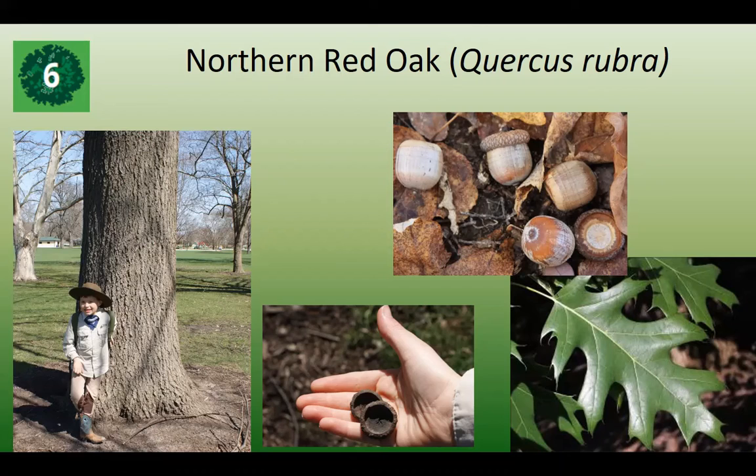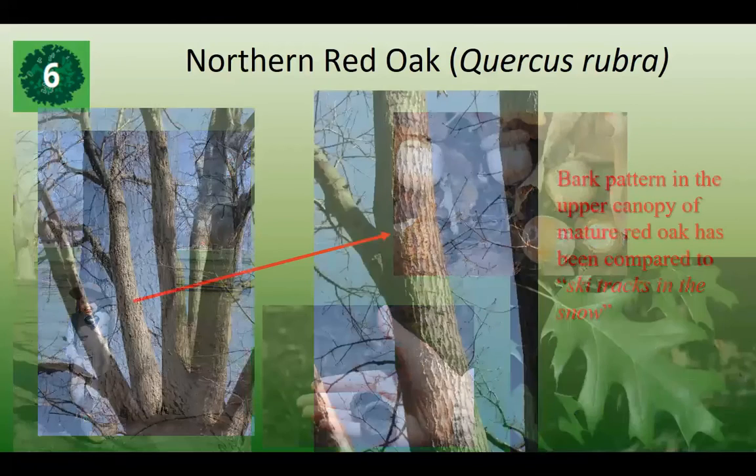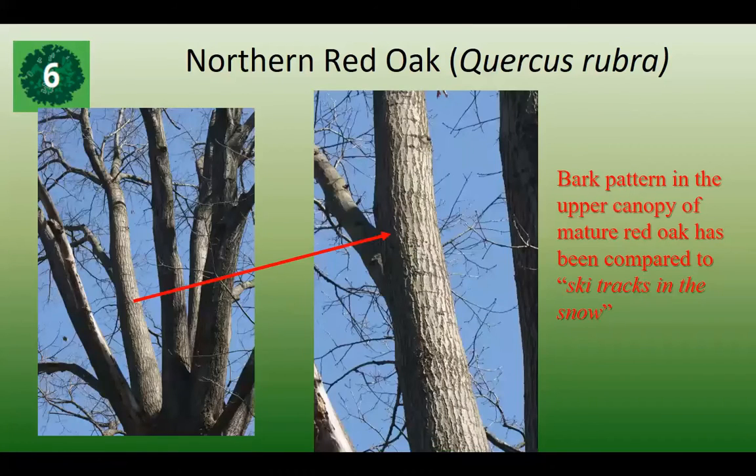And if you can't see them very well down at the bottom there, they usually show up really, really well if you look up higher. And here's an example of that. Looking up to the upper reaches of the northern red oak, and you see those ski trails really, really clearly.